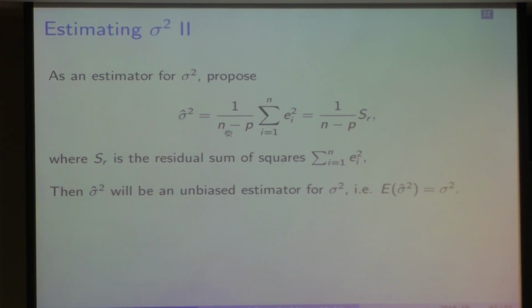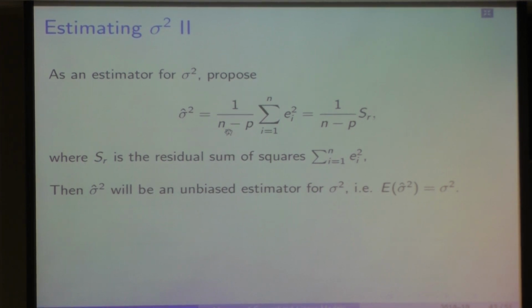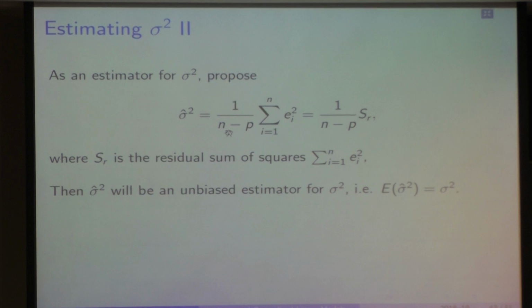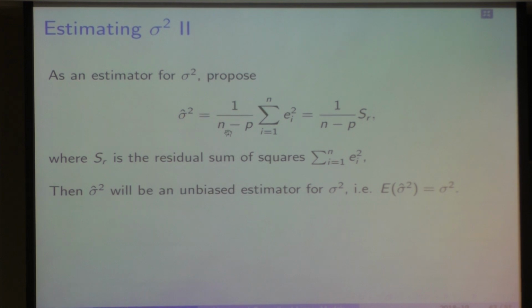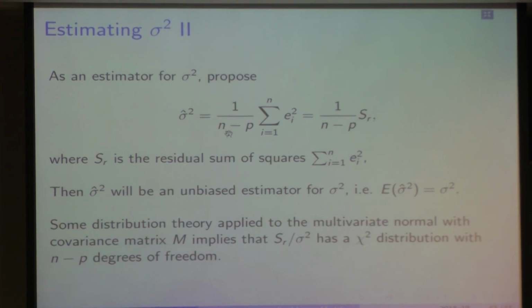In some settings, it's possible to come up with very bad estimators which are nevertheless unbiased, but in this setting, this is actually the standard estimator for sigma squared. So the standard estimator for sigma squared is this sum of the squares of the residuals divided by n minus p.